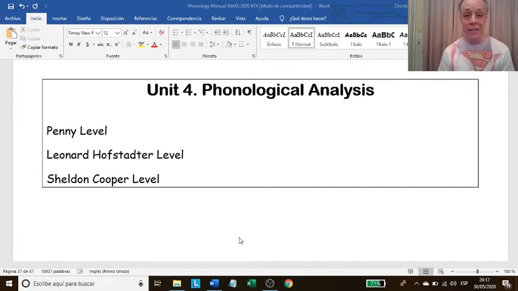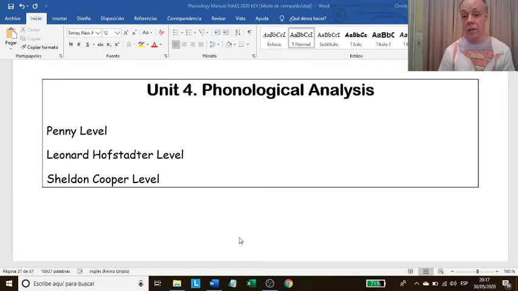This lesson is on phonological analysis, and we're going to develop this topic in different classes. I split the topic in three different levels, and I named them Penny level, Leonard Hofstadter level, and Sheldon Cooper level.